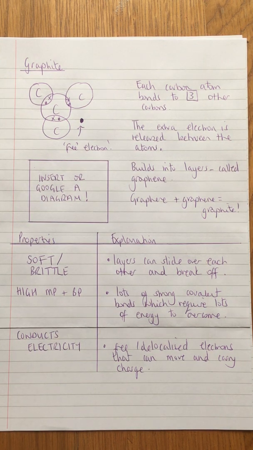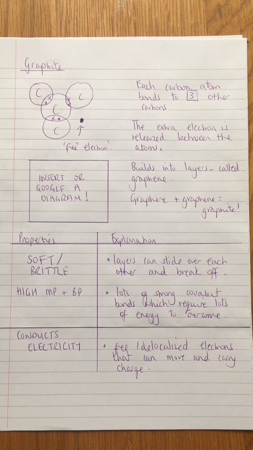In an exam, quite often you will get a question and it will be about a giant covalent structure. I've seen questions in the past that have asked someone to compare the properties of sodium chloride and graphite, for example. Or sometimes I've seen exam questions where they've been asked to compare graphite and diamond.